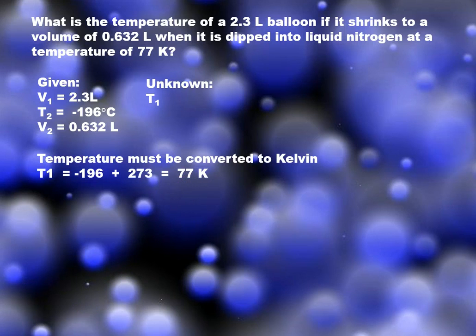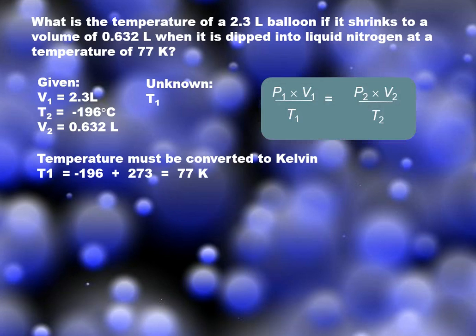And so our unknown is T1. So with the combined gas law, our constant, notice, is pressure. We have no pressure, so we're going to cross out the pressures on both sides, and that leaves us with V1 over T1 equals V2 over T2.